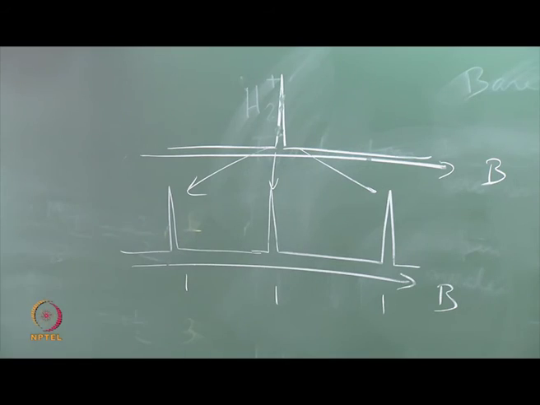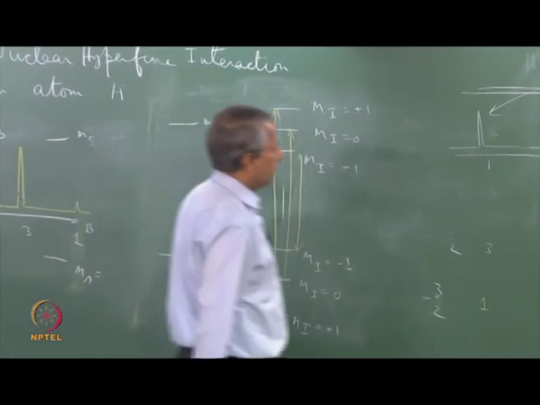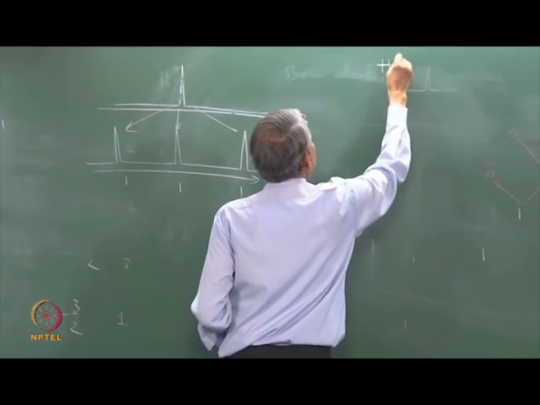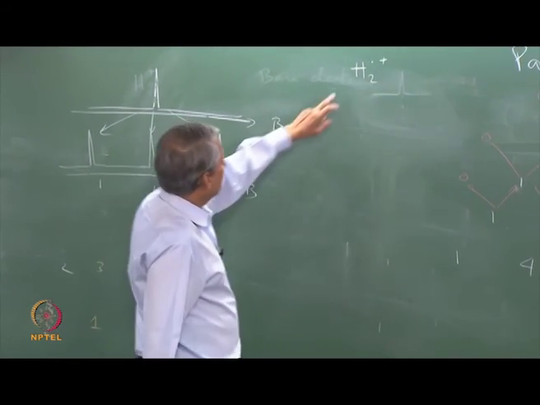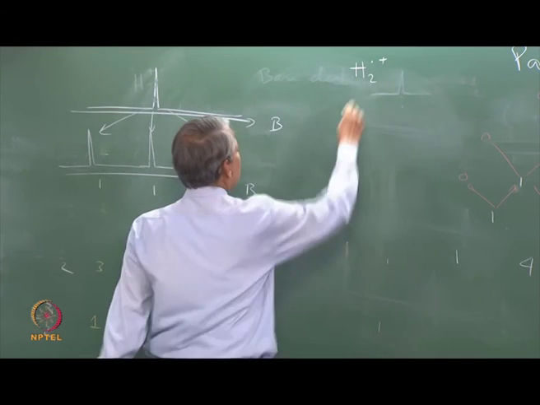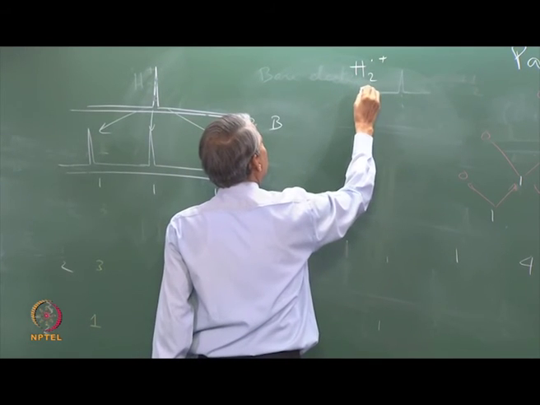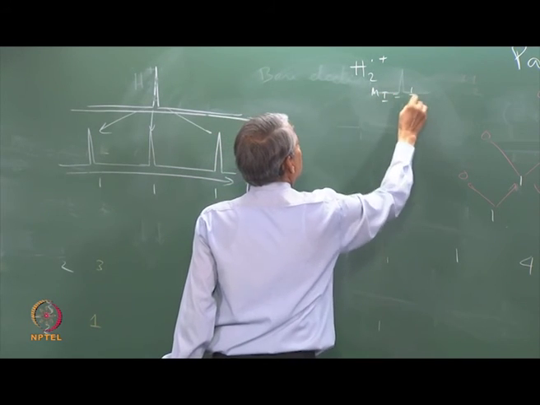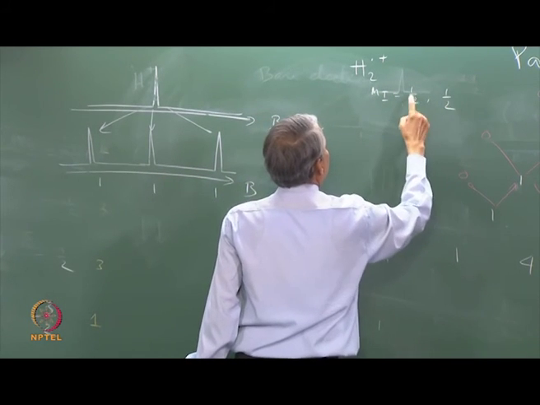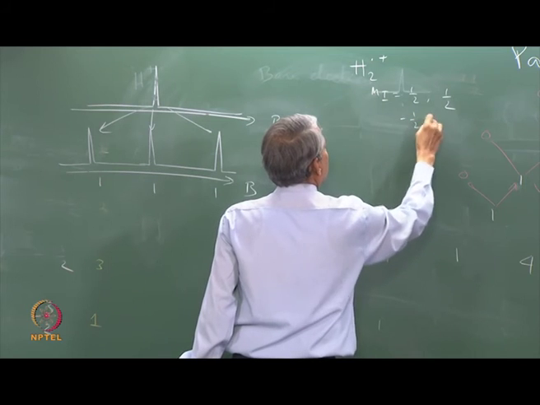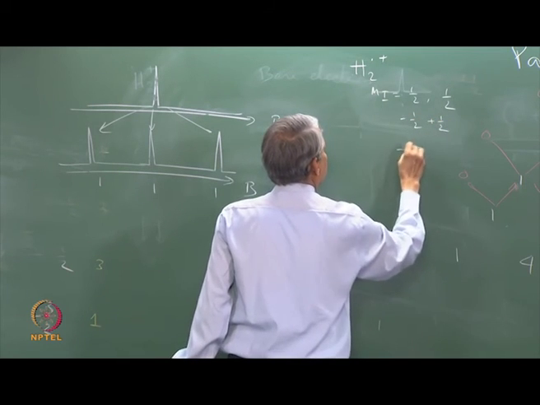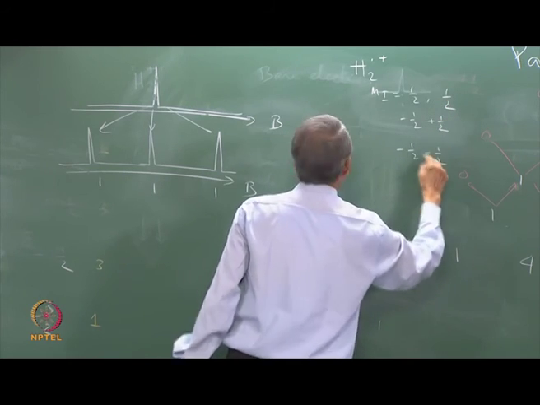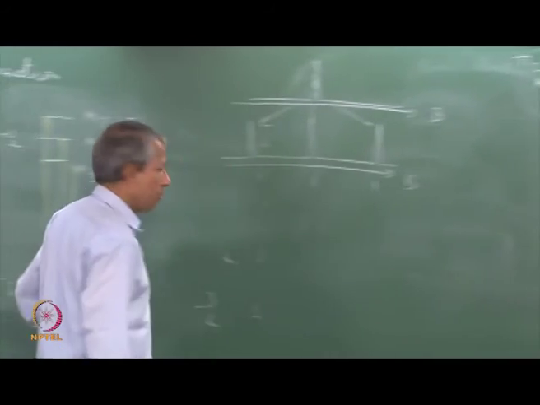So, if the total nuclear spin is 1, here I get 3 levels. Compare that with the H2 type of system, where the total nuclear spin was 1, but it was coming from 2 protons with Mi equal to +half and +half, or -half and +half, or -half and -half. So, these give rise to 1, 0, -1, which is very similar to this.